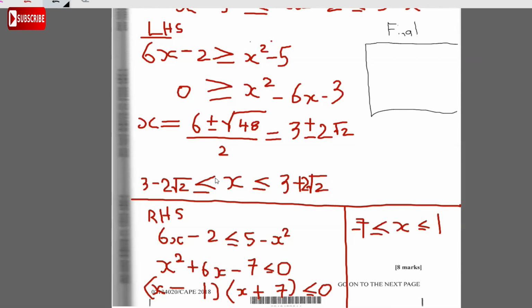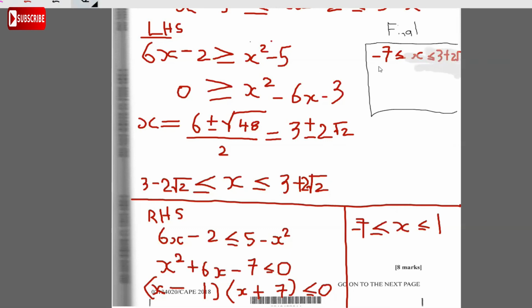The final solution will be from the lower value, minus 7 less than or equal to x, and x will be less than or equal to 3 plus 2 root 2. When you combine these two inequalities, this is what you would get.